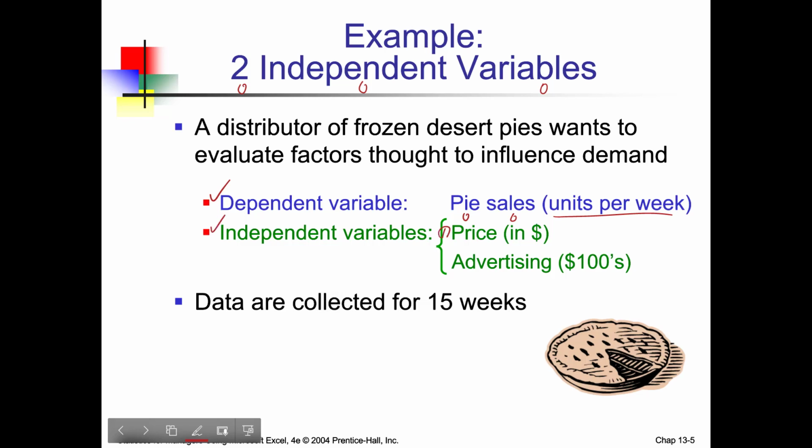Independent variable number one is price, which has an impact on the pie sales. The second independent variable is advertising spending, and the unit is $100, so 1 unit means they are spending $100 on advertising. The data was collected for 15 weeks, meaning the sample size equals 15.